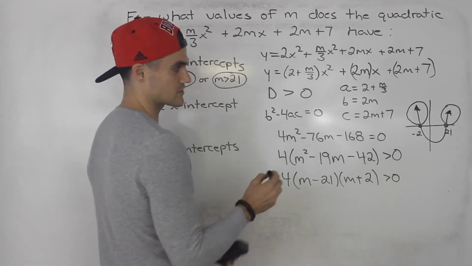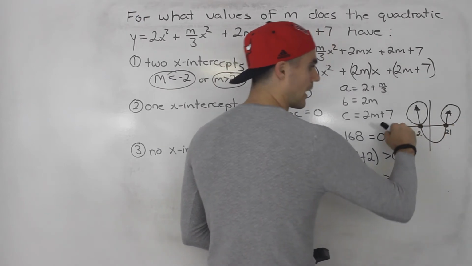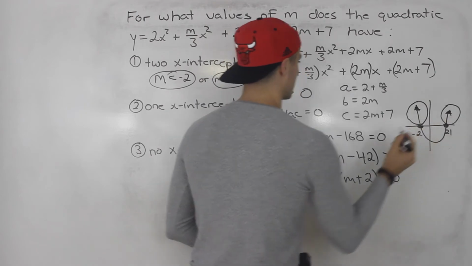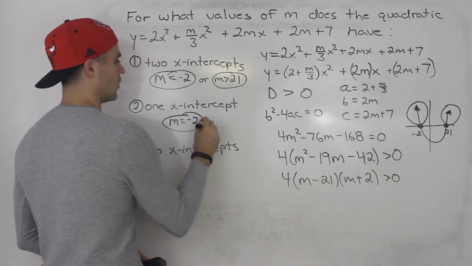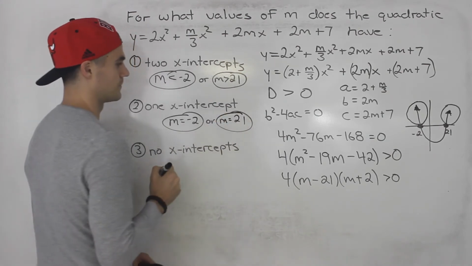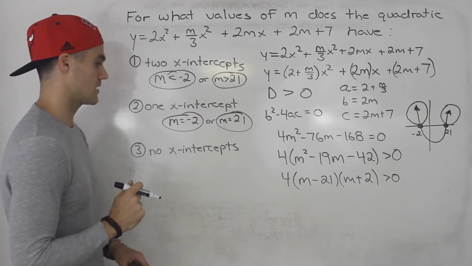And we've graphed this already. It's going to equal 0 here and here. The y value is going to be 0, right? So basically when m is equal to -2 or when m is equal to +21, right? That's when this quadratic is going to have one x-intercept.